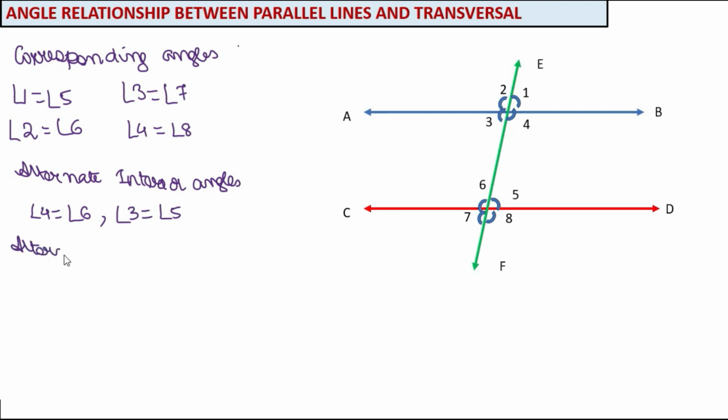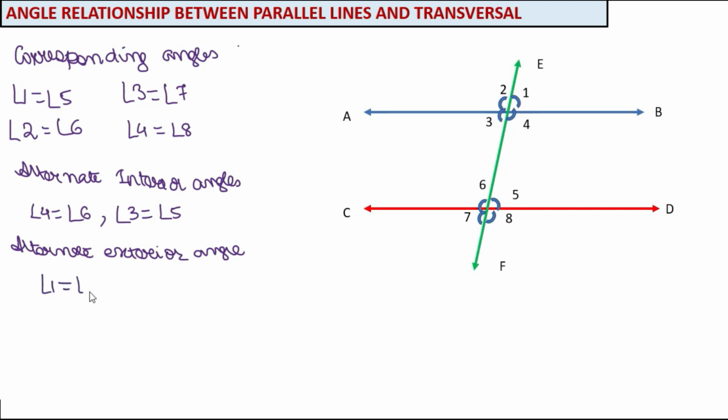Next come alternate exterior angles. By the name itself you can identify that they are lying opposite as well as lying outside the parallel lines. So here angle 1 equals angle 7.